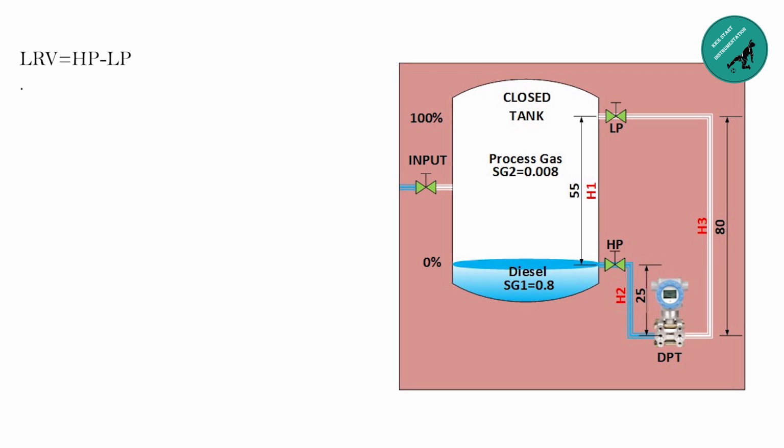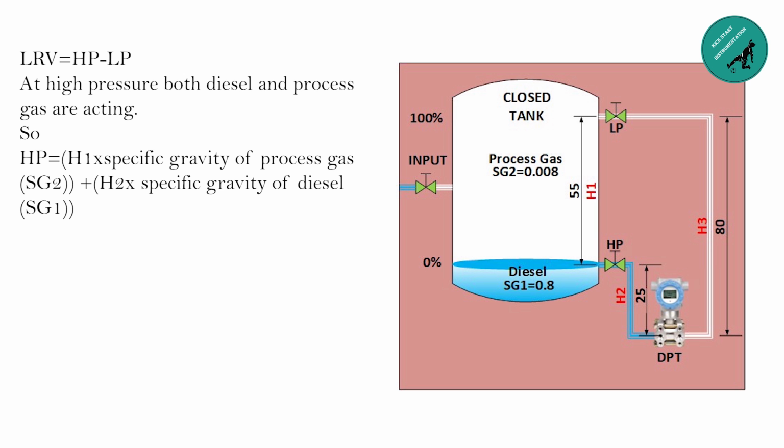LRV is equal to high pressure minus low pressure. At high pressure, both diesel and process gas are acting. So HP is equal to H1 into specific gravity of process gas SG2 plus H2 into specific gravity of diesel SG1.